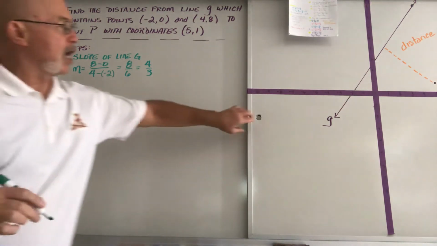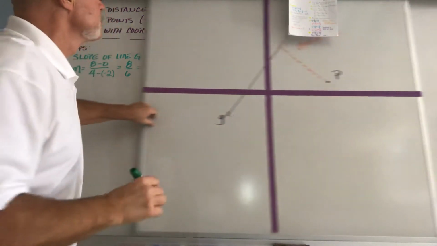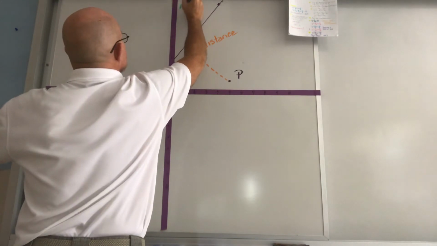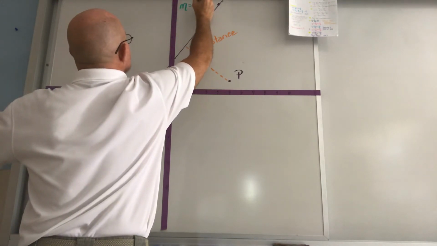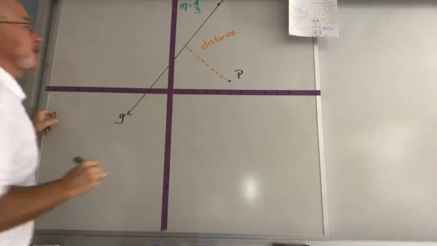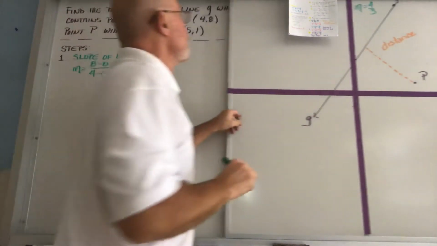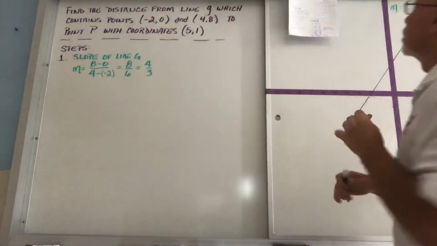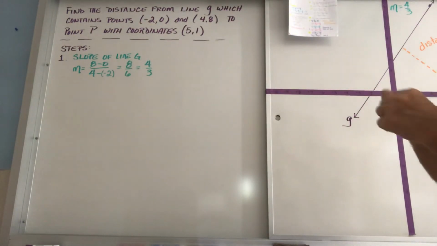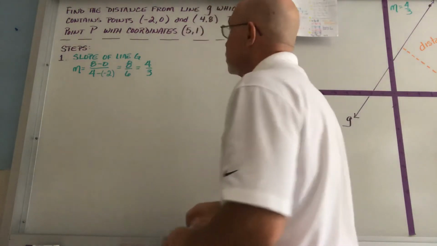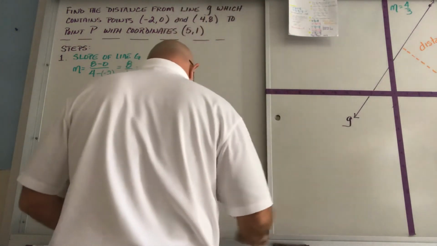Okay, so the slope of our line is right there. Okay, that's the first thing we have to do. The second thing we have to do is turn it into an equation. Okay?